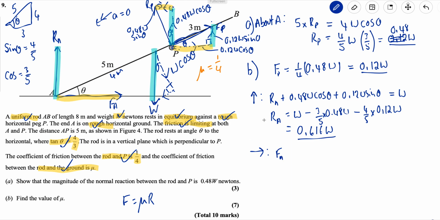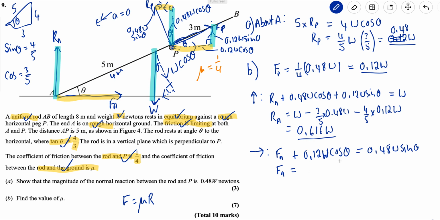Yes, this one, which is 0.12 W cos theta. And that balances out with the force going to the left, which is 0.48 W sine theta.